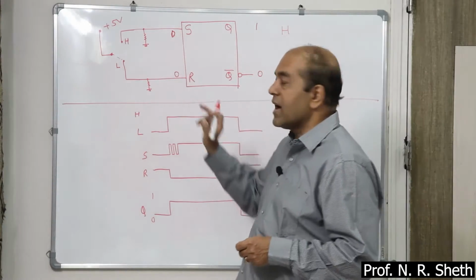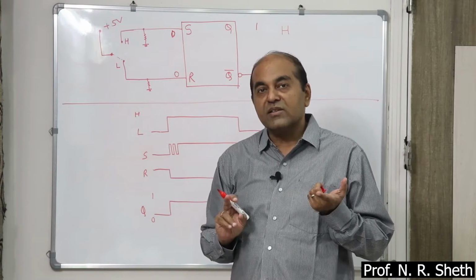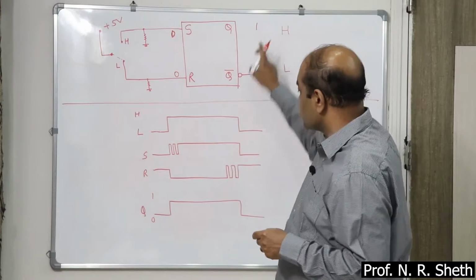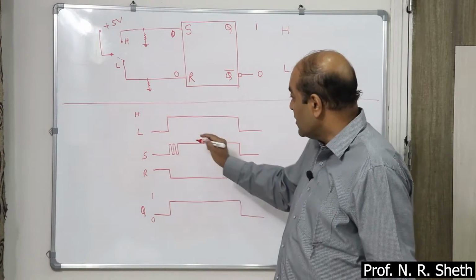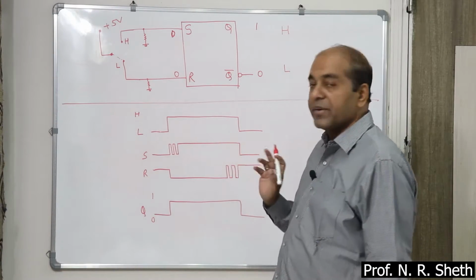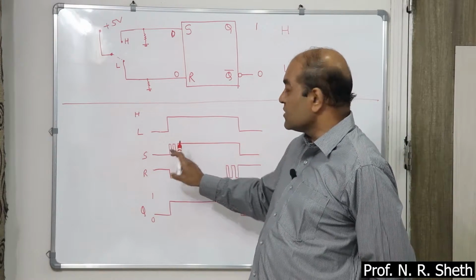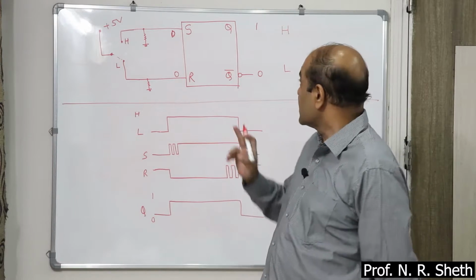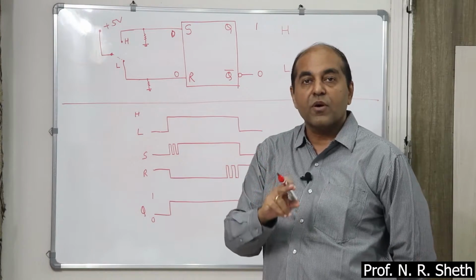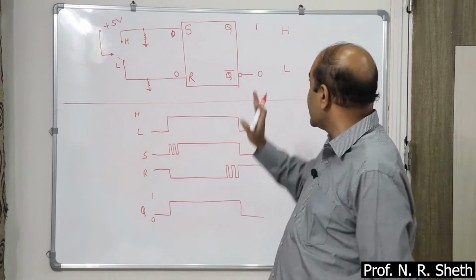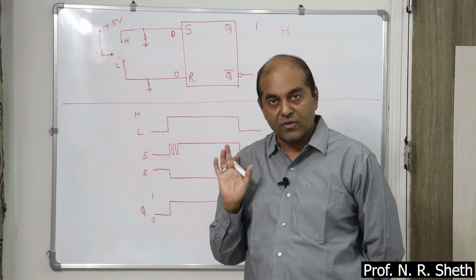So S is 0, R is 0. S is 0, R is 0 means the circuit is in the no change condition. So Q is not going to change. Your Q remains as it is. In this way we eliminate this problem, because in a mechanical switch this type of spikes are produced, but here 0 0 means the flip-flop retains the previous state. So this mechanical problem is eliminated with the help of the RS flip-flop.